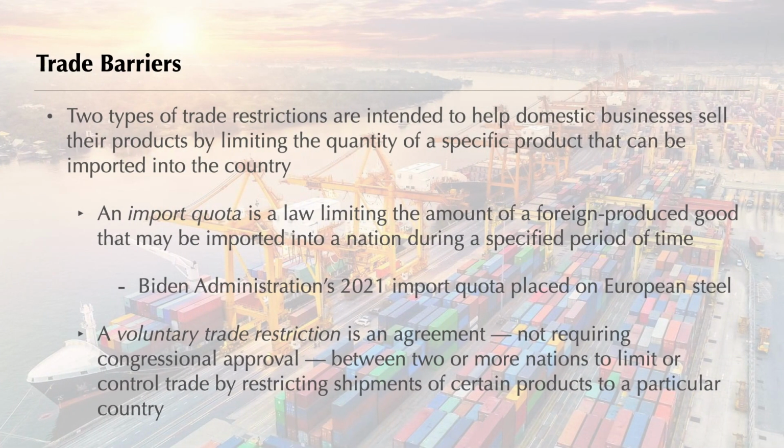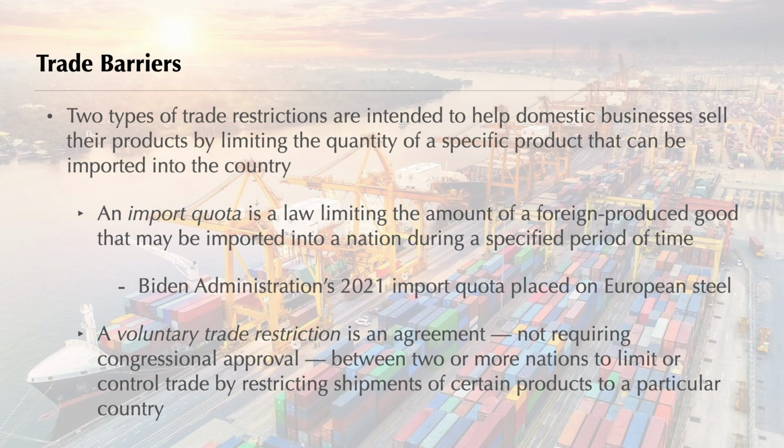Governments can also use import quotas and voluntary trade restrictions to decrease imports. Both of these forms of regulation are intended to help domestic businesses sell their products by limiting the quantity of a specific product that can be imported into a country. An import quota, which sets a fixed amount of an item that can be imported, is a law.